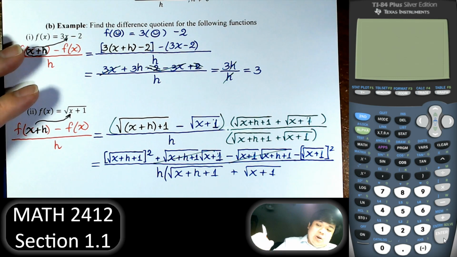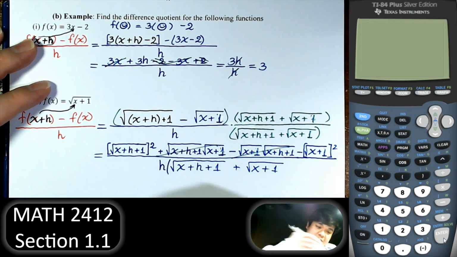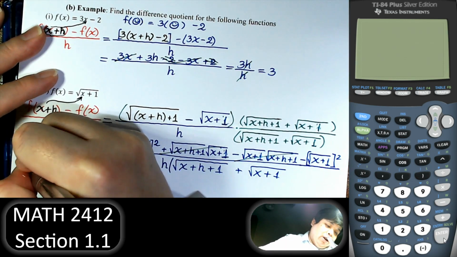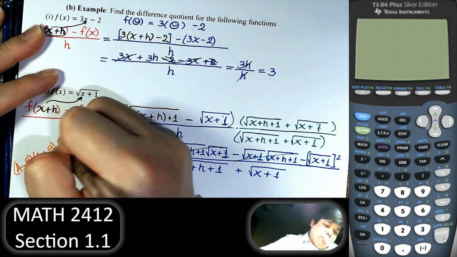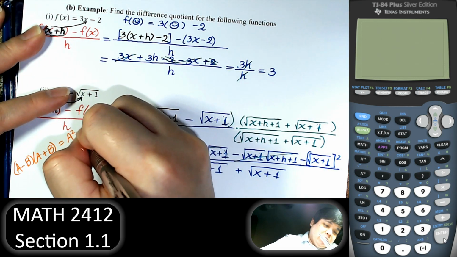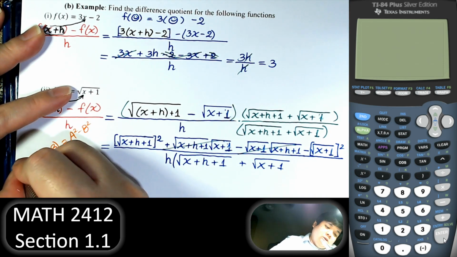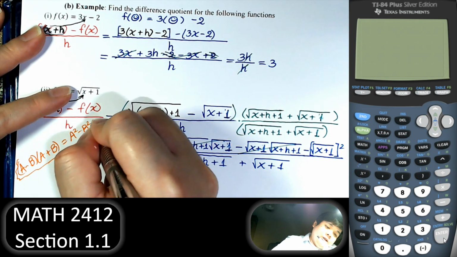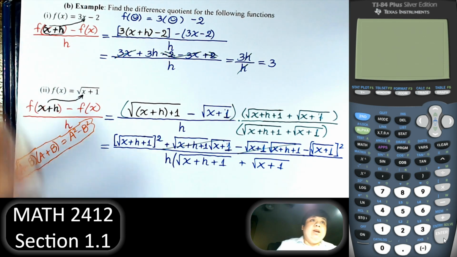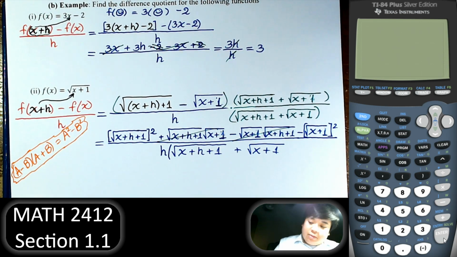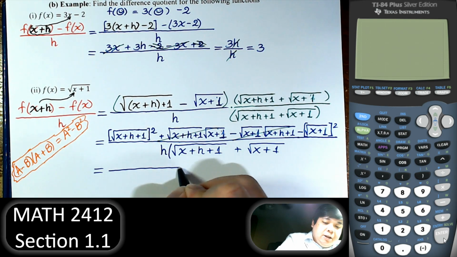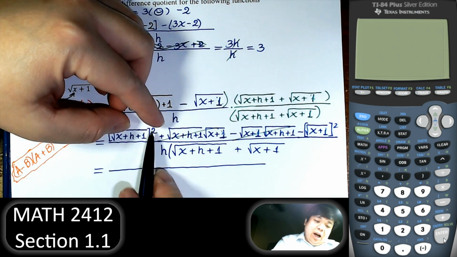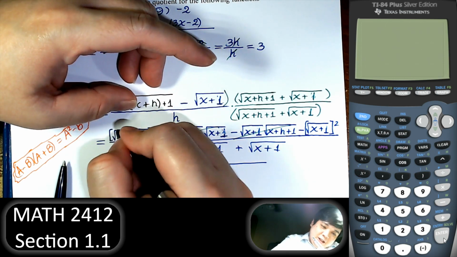In general, when we multiply by the conjugate, we have a squared minus b squared, so the middle term cancels out. Now, the square cancels the square root.